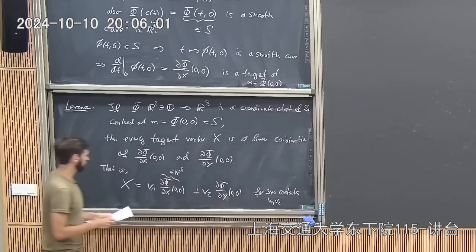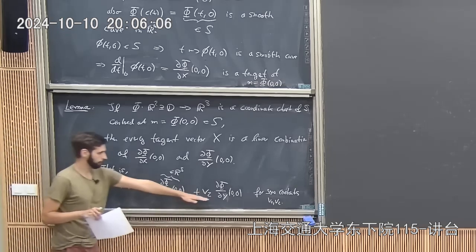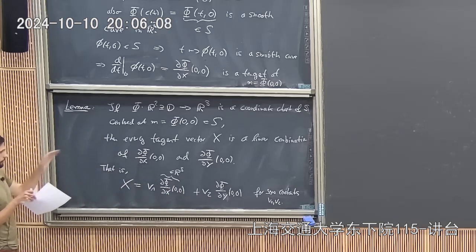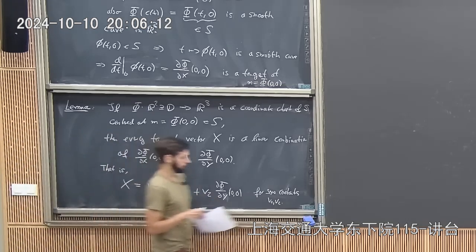We find some constants so that any vector, regardless of what we choose, is of this form: something that goes a little bit in this x direction and something that goes a little bit in this y direction.